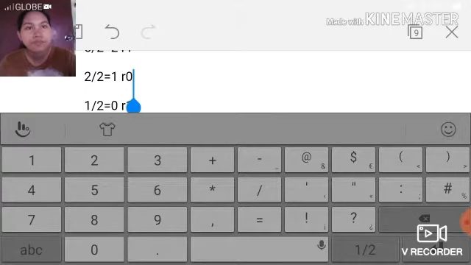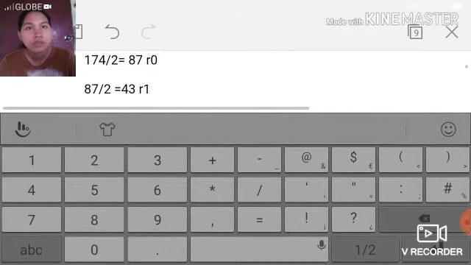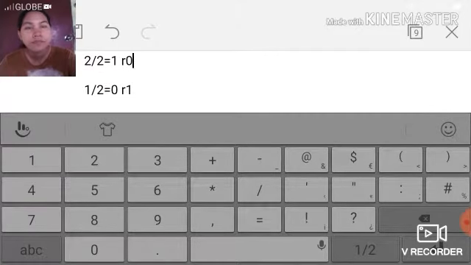So when we convert, we read the numbers upward.